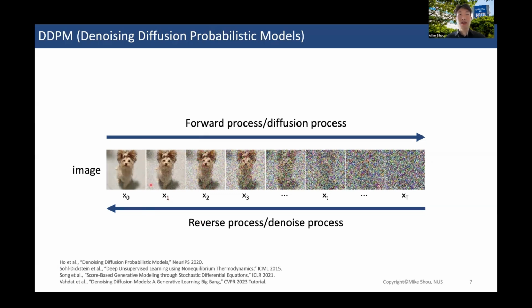You can see from this diagram, the provided image looks like this, and then in the forward pass, we gradually add some noise onto the image, and then it becomes totally noise. And then the reverse process gradually removes the noise, or denoises, and recovers the input image. That's why it's called the denoise process.